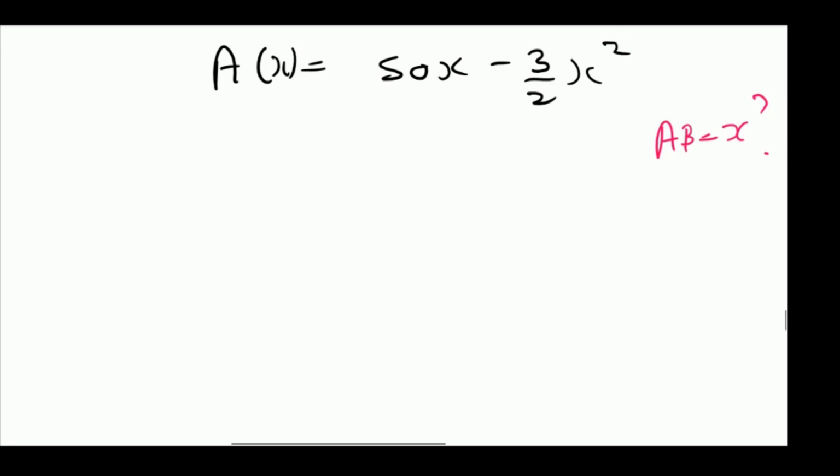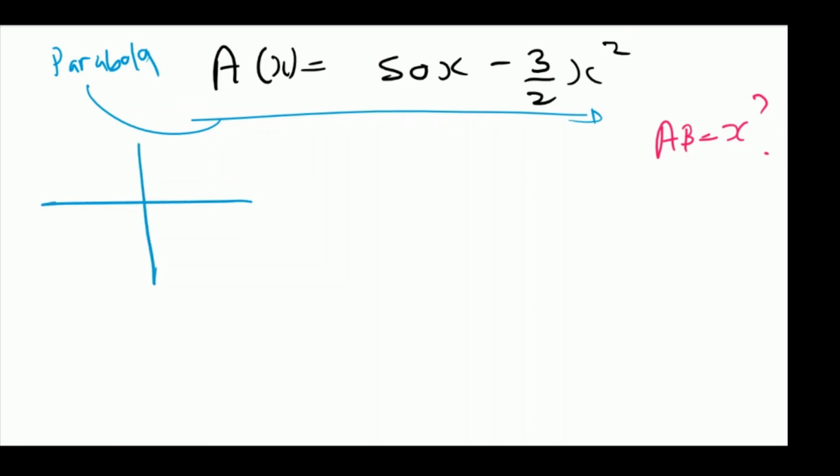What I need you to note is that this equation is actually an equation of a parabola, right? So this is a parabola. If you take a look, this is 50x minus 3 over 2 x squared. If you were to draw this parabola, since it has an a value that is less than 0, it's going to look something like this.